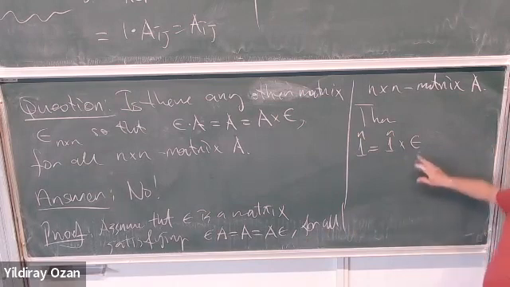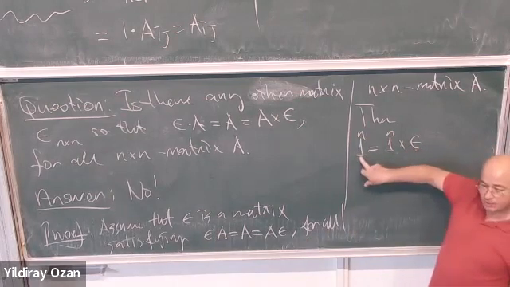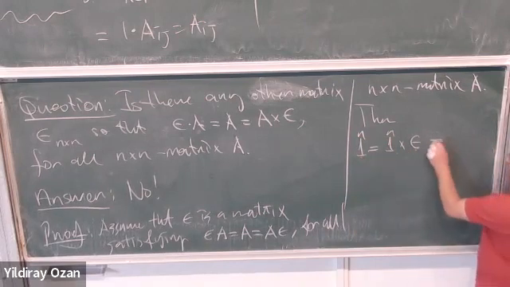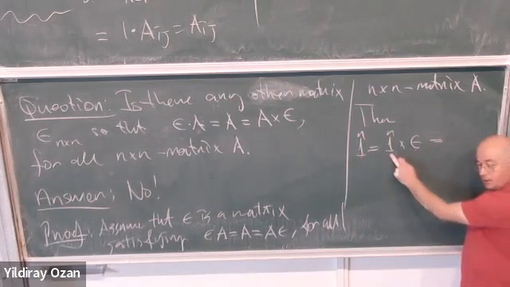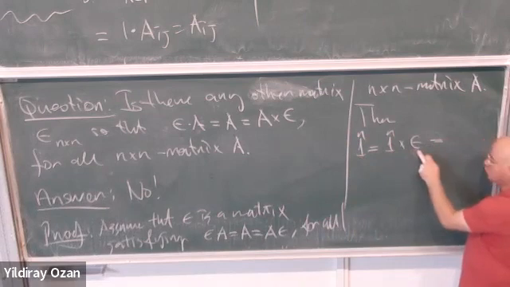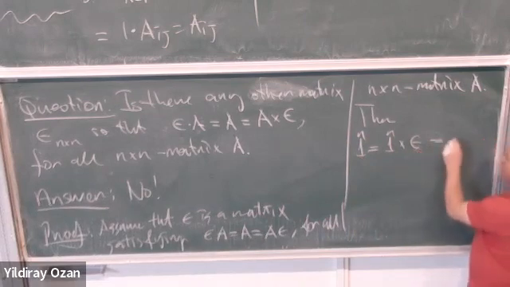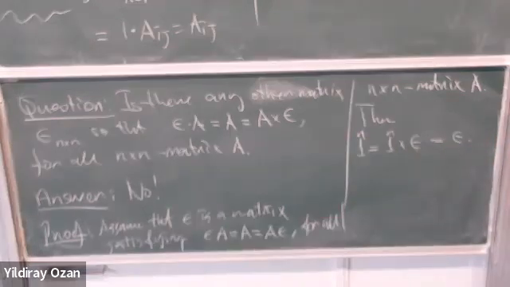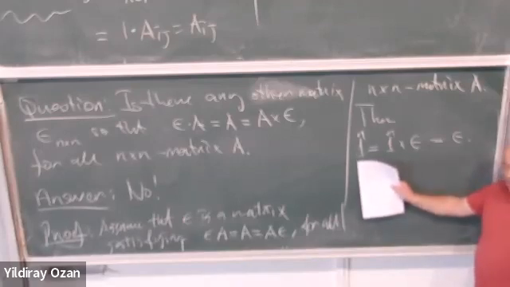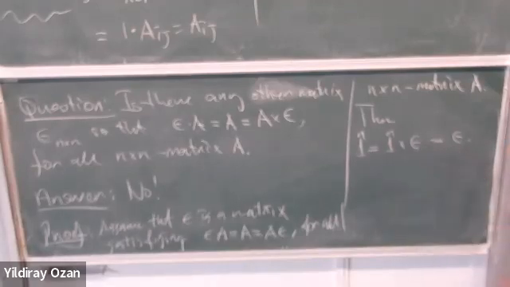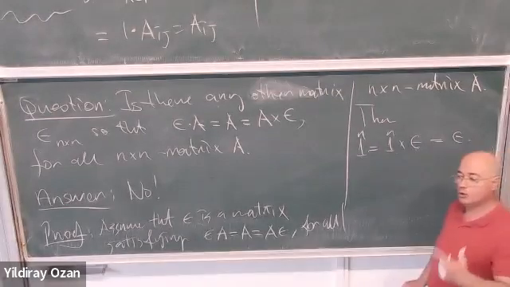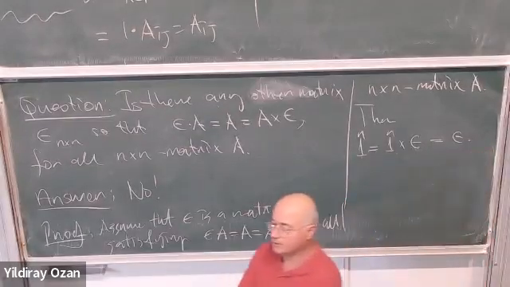But we know that this is also identity. So 1 times this should be just this. So I have epsilon. So this identity must be the same as this identity. This means what? There is only one identity element.